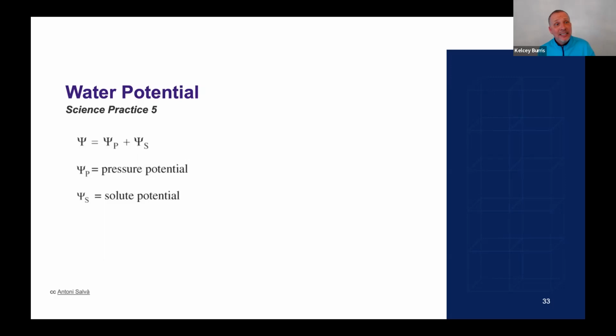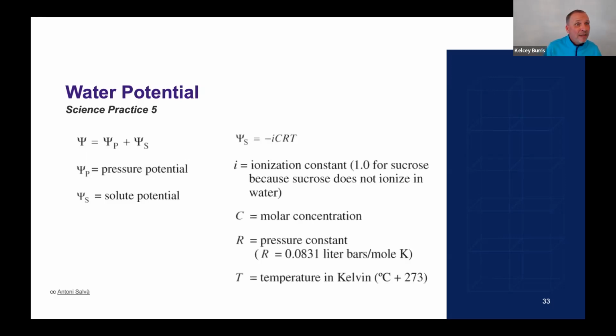So by that being said, a lot of times when you're looking at water potential, you have to solve for solute potential. So solute potential is a formula, negative iCRT. I is the ionization constant. So for sucrose, it's 1, meaning it doesn't separate when it's dissolved in water.